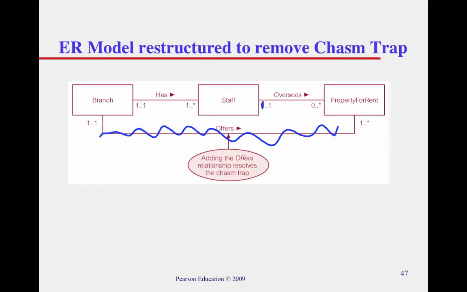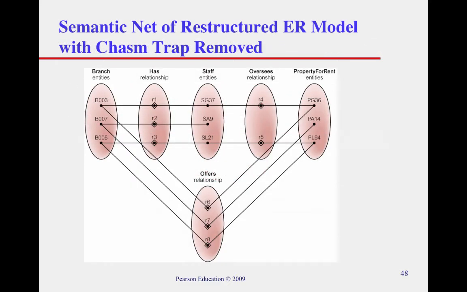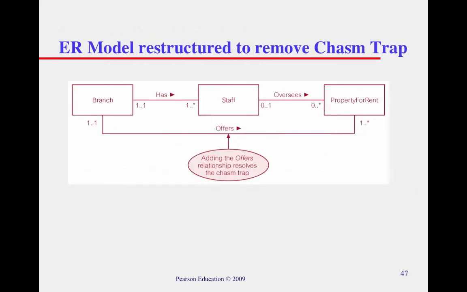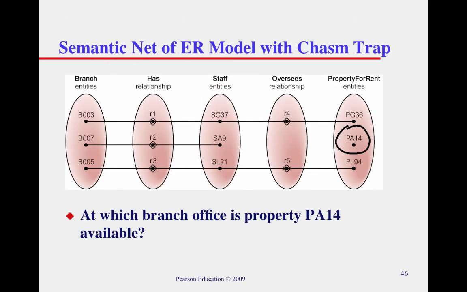Well, no, this is unnecessary because this is at the very end. So it's really okay for a staff member to not manage any properties. Okay, that doesn't lose any information. They call this a semantic net, and if a staff member doesn't manage any properties, like SA9 doesn't manage anyone, you haven't lost any information.